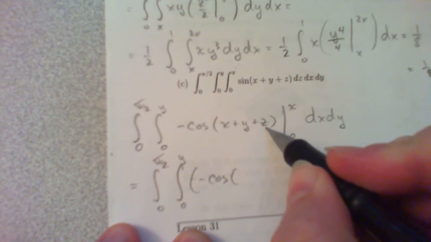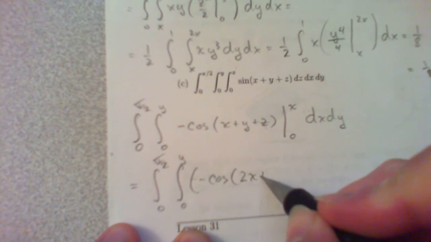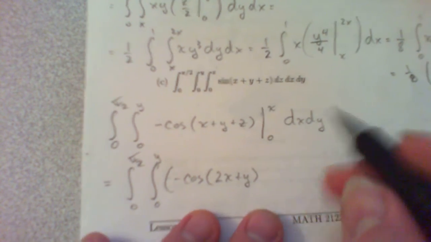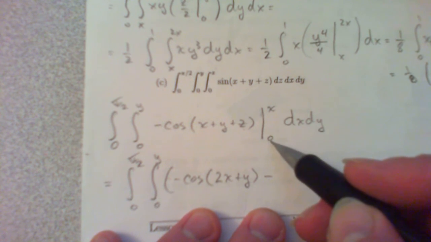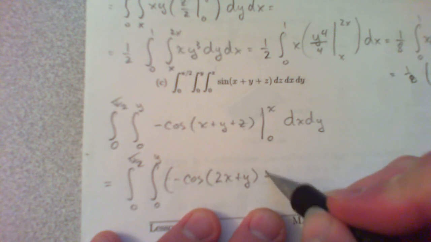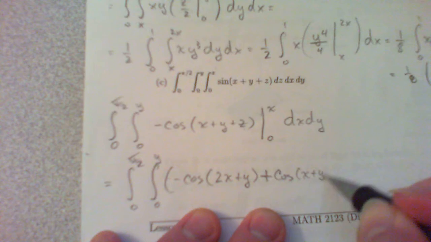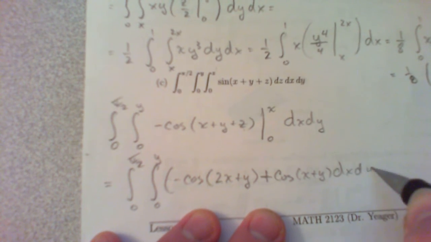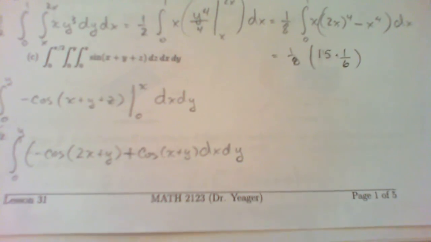When you put x inside here, there's another x there, so 2x plus y, minus, now doing the fundamental theorem, minus, and then you'd have another double negative, plus cosine of x plus y. Alright, now we're at a situation where we're doing an integral from the previous lecture. So now continuing on.